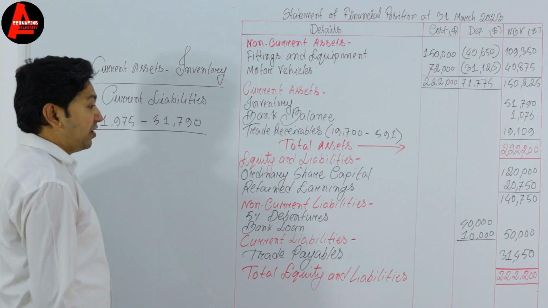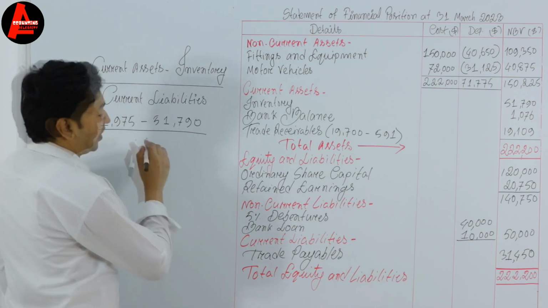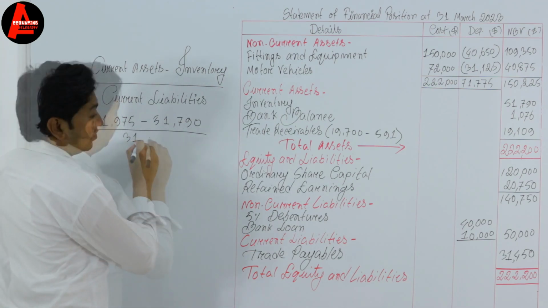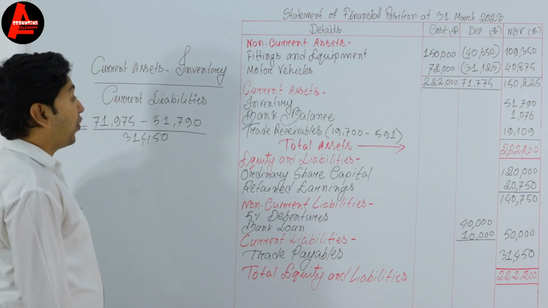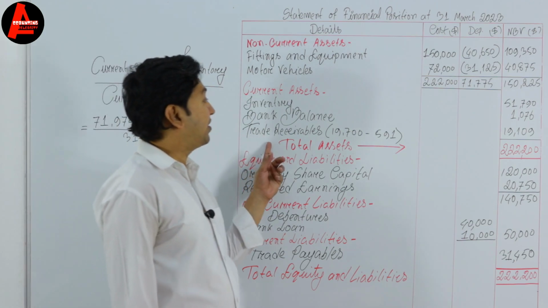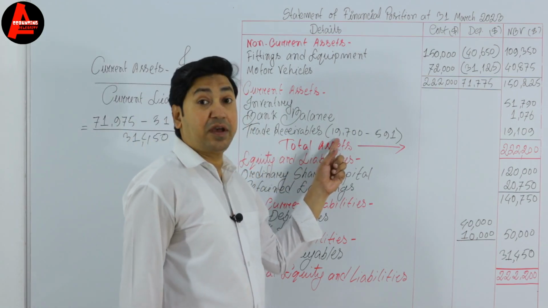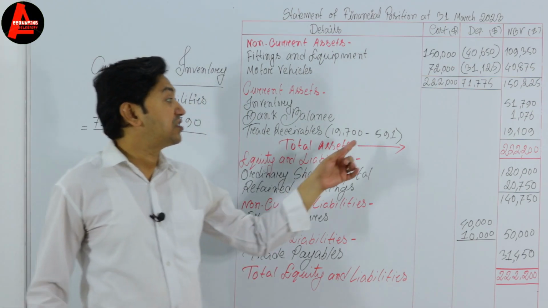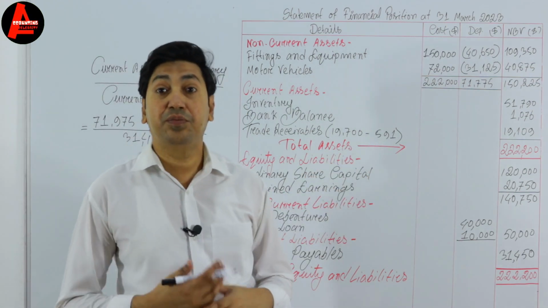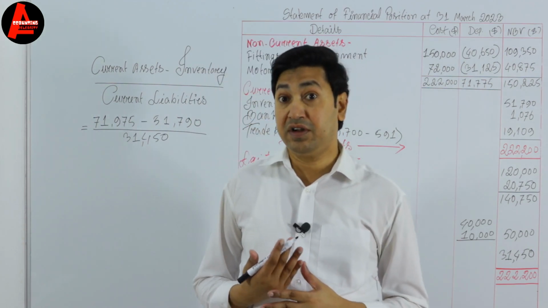So let us write here current liability. It is $31,450. A point to be noted here: trade receivables $19,700 minus $591. This $591 is provision for doubtful debts.